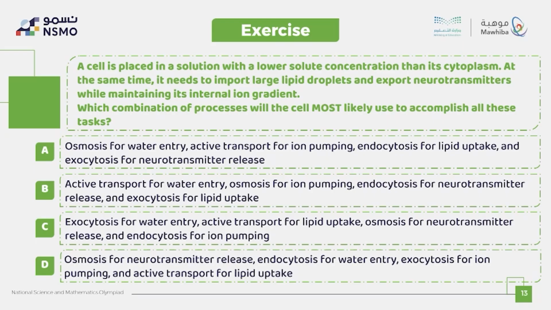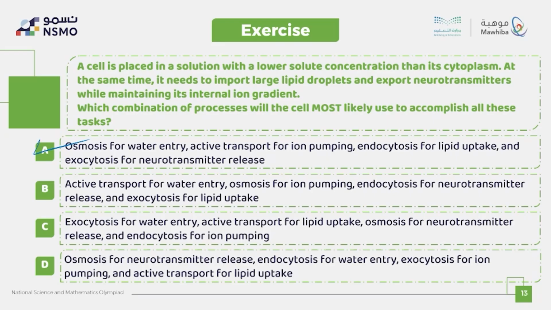Let's analyze this. Water enters via osmosis, okay? Ions require active transport to maintain gradients. Large lipid droplets enter via endocytosis. Neurotransmitters exit via exocytosis. So, for sure, the answer would be A. Yes, you are right.